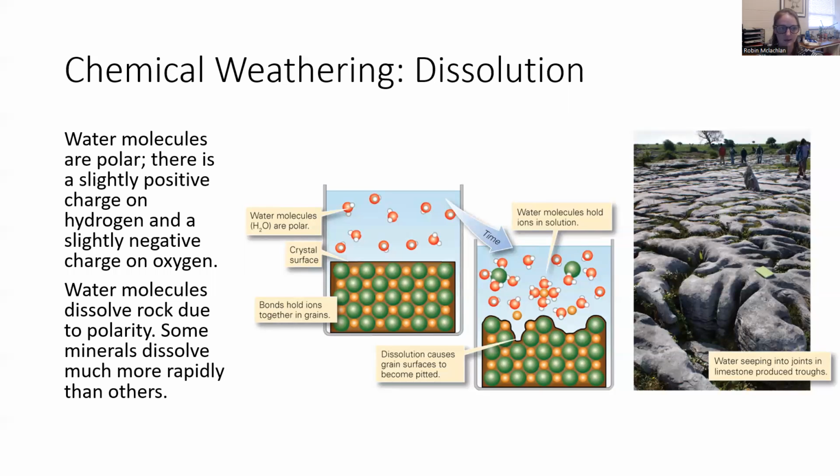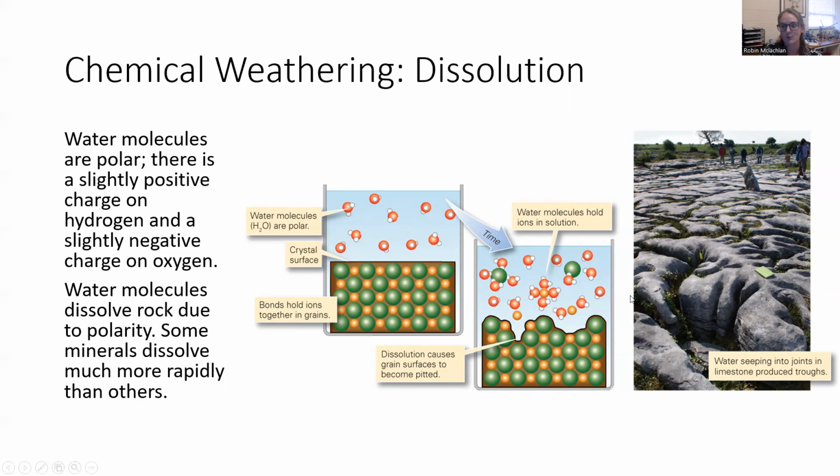So that rock is physically dissolving. And this occurs because water molecules are polar. This means that there's a slightly positive charge on hydrogen and a slightly negative charge on oxygen, and those charges are going to be attracted to the ions of the rock, right? So the ions of the rock are going to stick to that charged water molecule and be taken away.